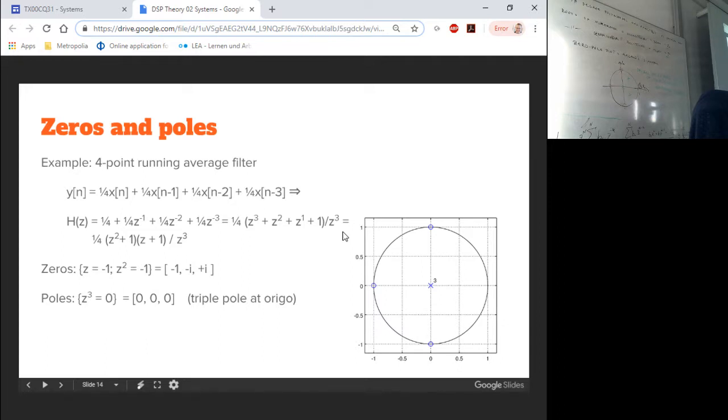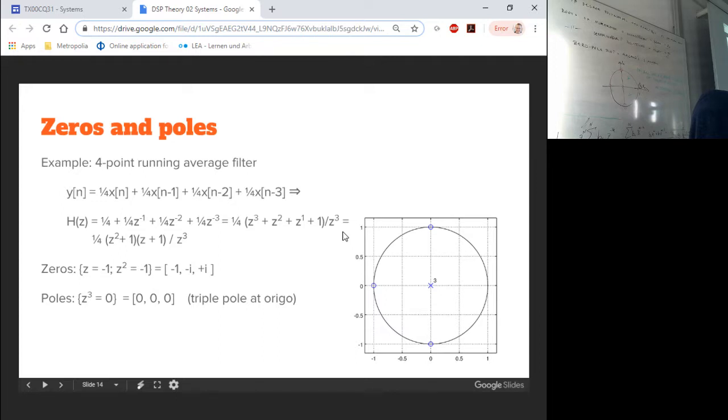Basically, I have this first the feed-forward version. Just do the math. You will get the zeros, 3 zeros, 1 here, another there, third one here. Poles for the polynomial coefficients 1, 0, 0, 0 would be just z to the power of 3 there on the denominator.